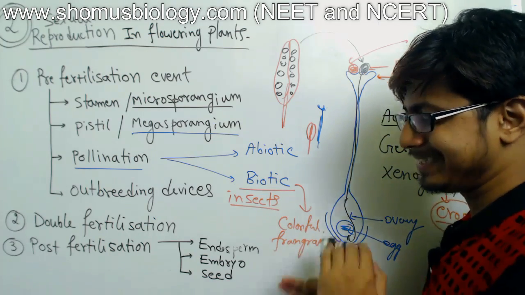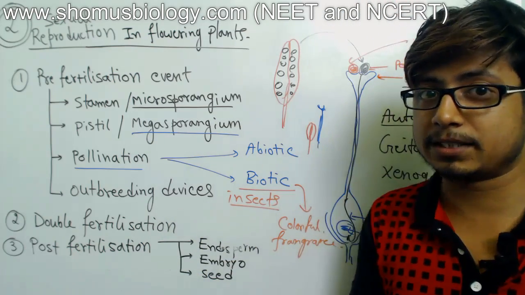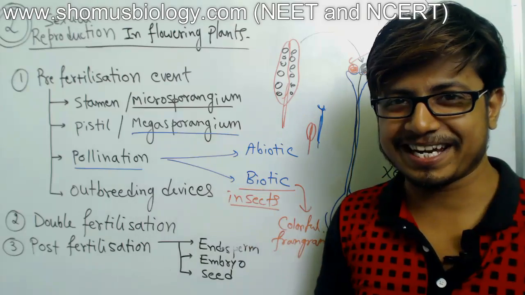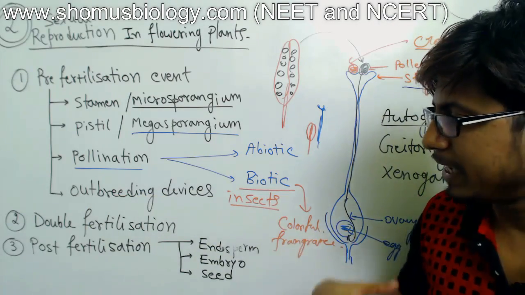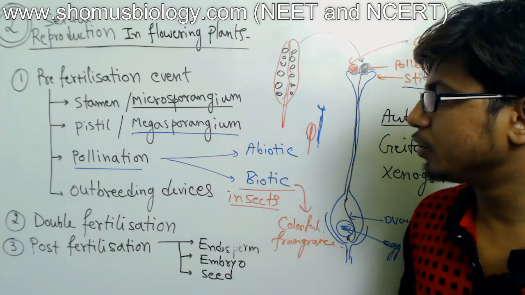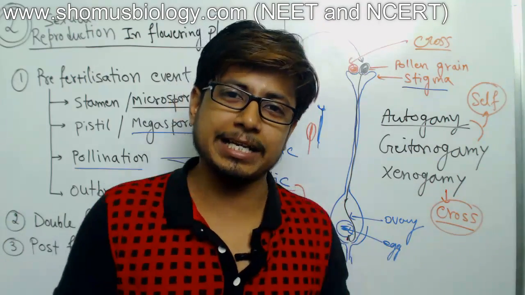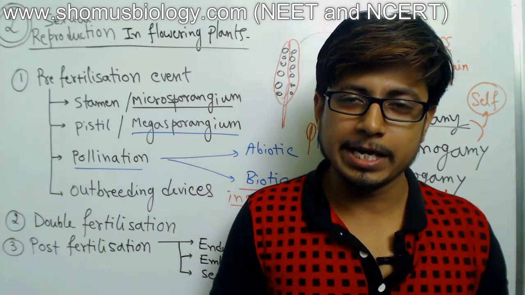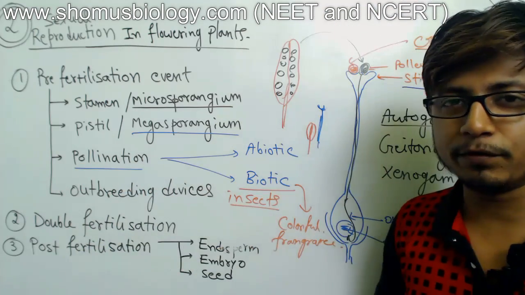And the fourth is changing the type of flowers that they have, so unisexual plants like staminate and pistillate. Okay, so these are the 4 ways outbreeding devices are performed, and those all help a plant to use more cross pollination and less self pollination. Okay, so that's our idea about pollination and outbreeding devices.